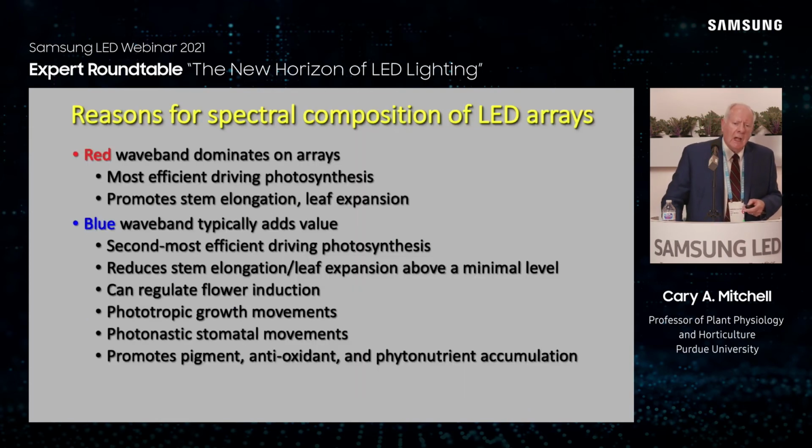So, the reasons for the spectral composition of LED arrays, red dominates. And when you get into plants like lettuce, lettuce is a red-loving species. It drives photosynthesis. You get more stem and leaf elongation. Blue has a lot of complex effects.